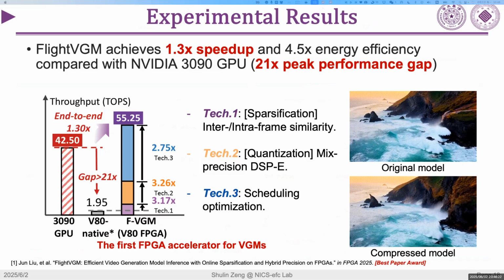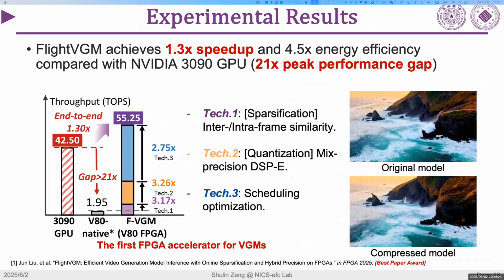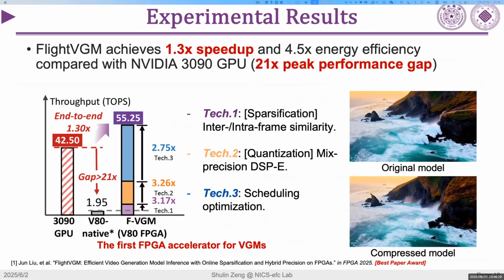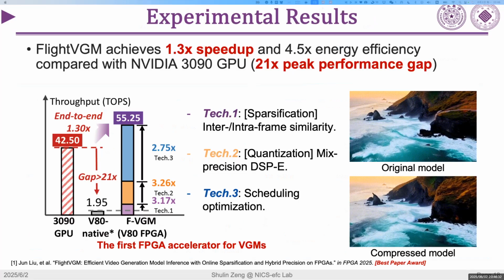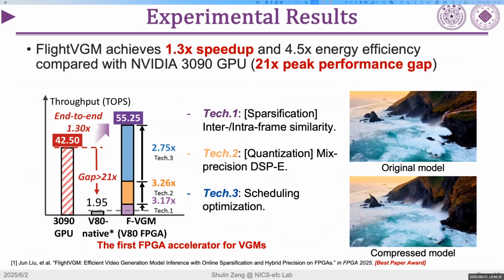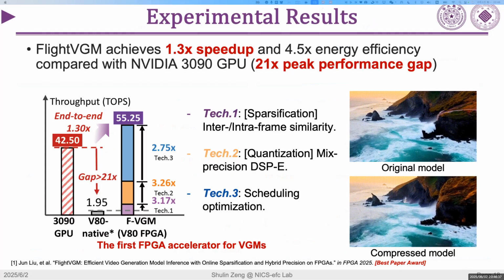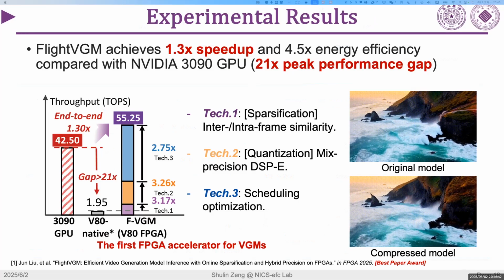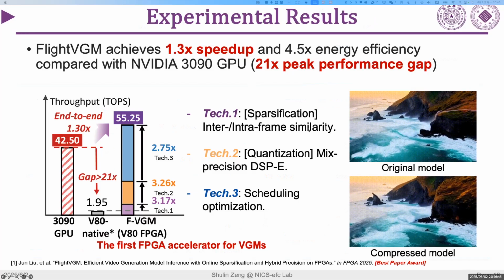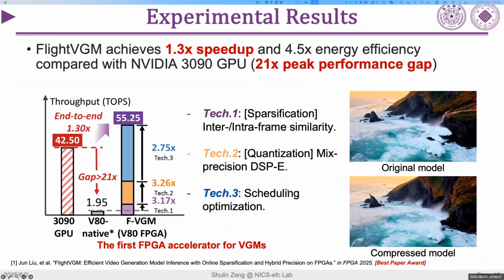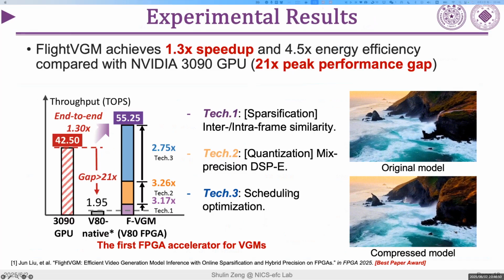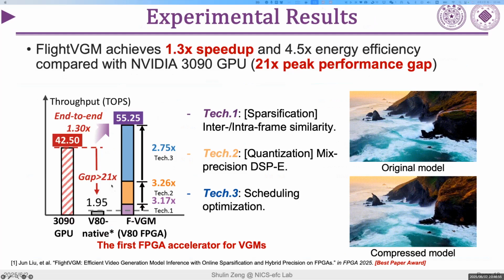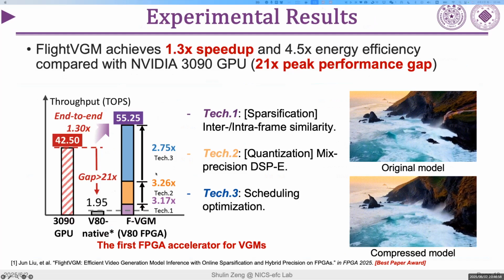So to sum up, here are the experimental results. Our work FlatVGM achieves a 1.3 times speedup and 4.5 times energy efficiency enhancement compared to the NVIDIA 3090 GPU. And we want to point out that the original 3090 GPU peak performance is about 21 times better than the FPGA.